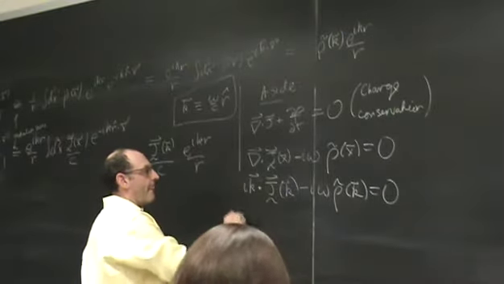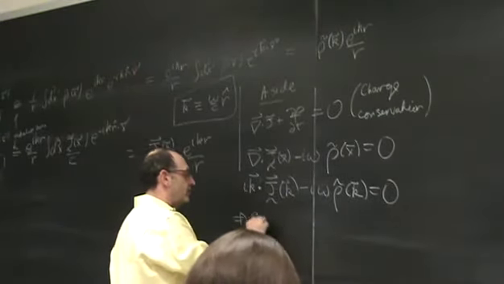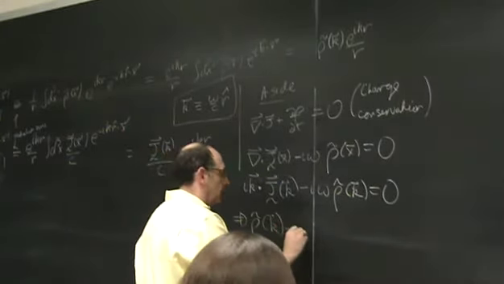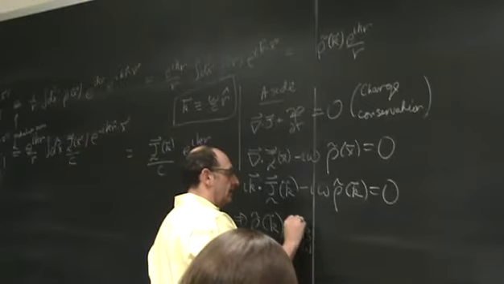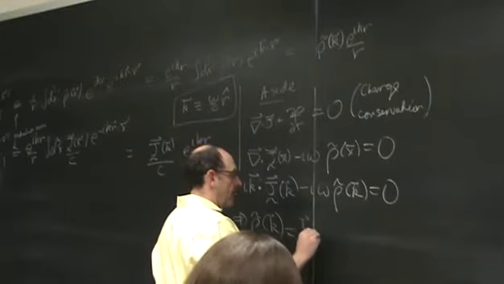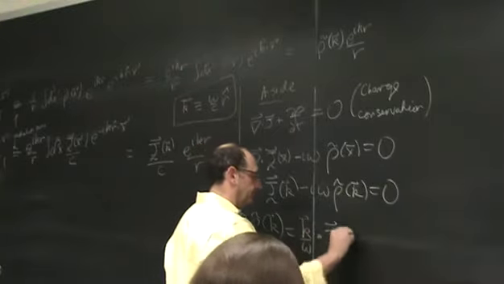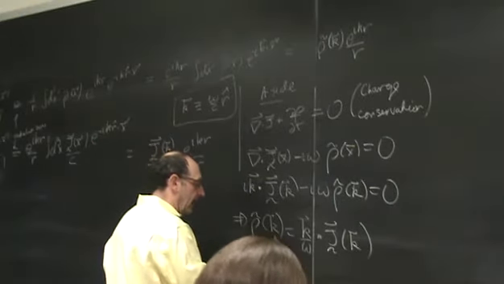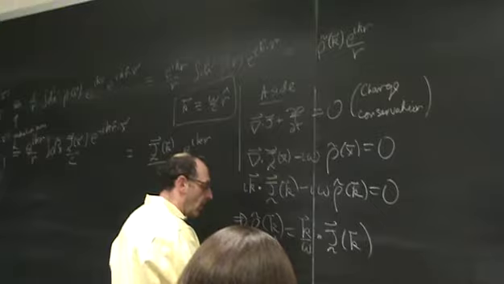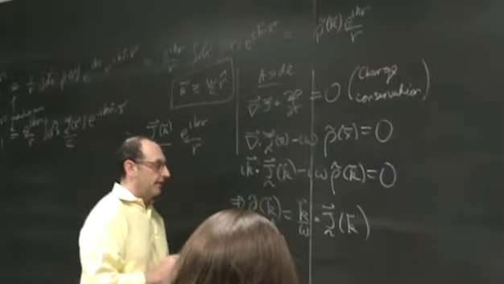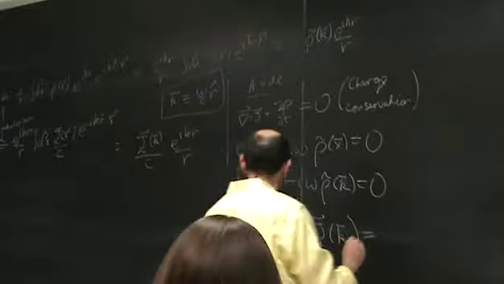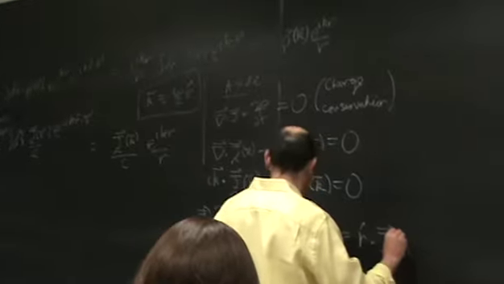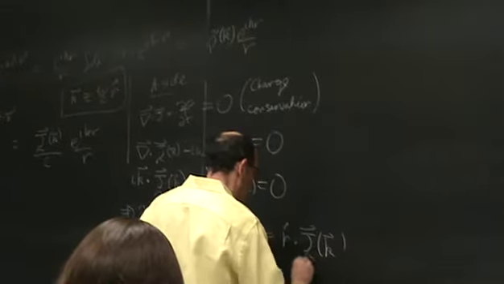So that tells me that the spatial Fourier transform of rho is equal to k over omega dotted into J. So if we now evaluate this at k equals omega over c r hat, then this equals r hat dotted into J as a function of that k over c.